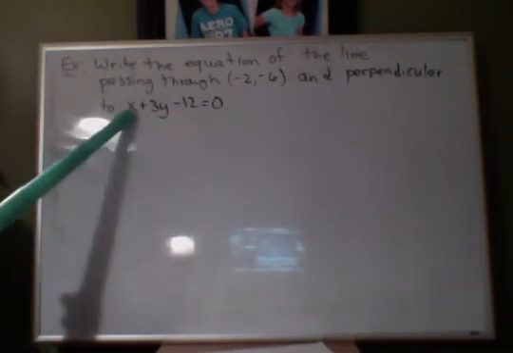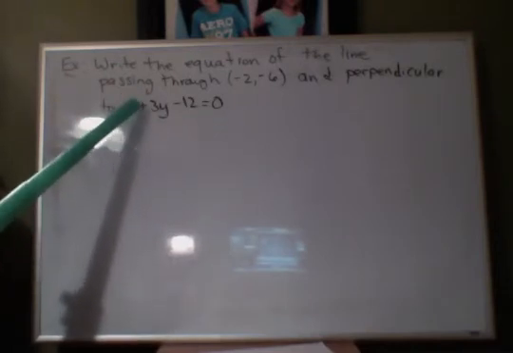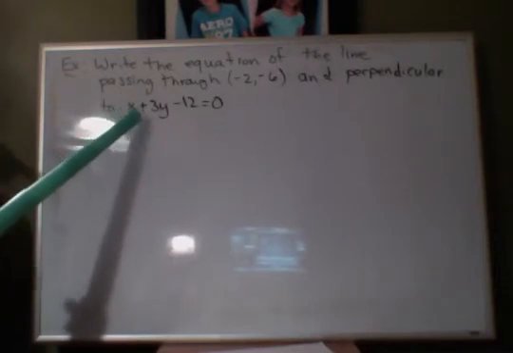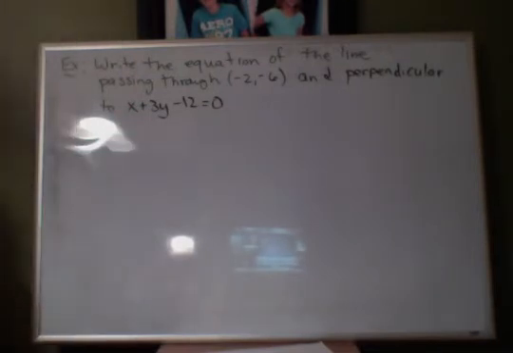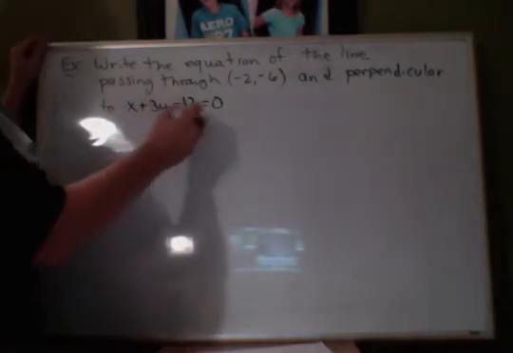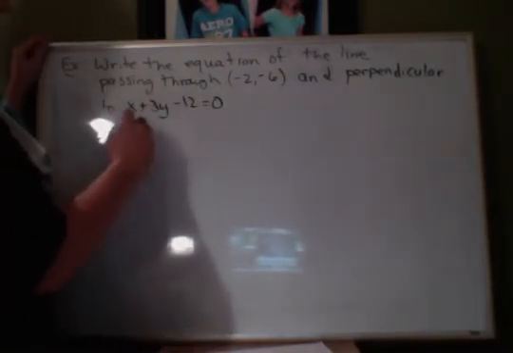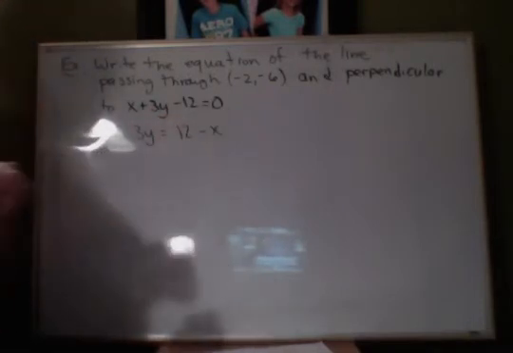Well, in order to find the slope of our line, I'm going to need to know the slope of this line. And to get the slope of this line, I'm going to need to change this general form equation into slope-intercept form. We're going to solve the equation for y, get y by itself. So that means I'm going to add 12 and subtract x from both sides. So I'm going to end up with positive 12 and minus x on the right.